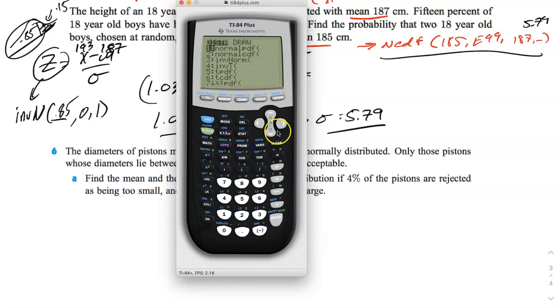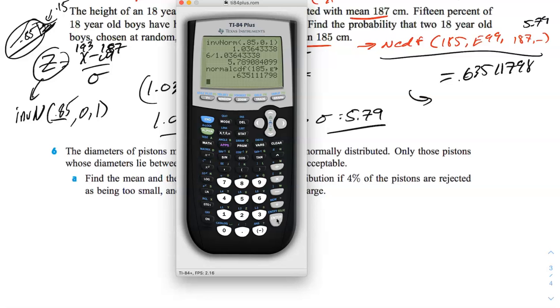The lower is 185, upper is E99, mean is 187, and then we just found the standard deviation, which was 5.79. And I get 0.6351178.